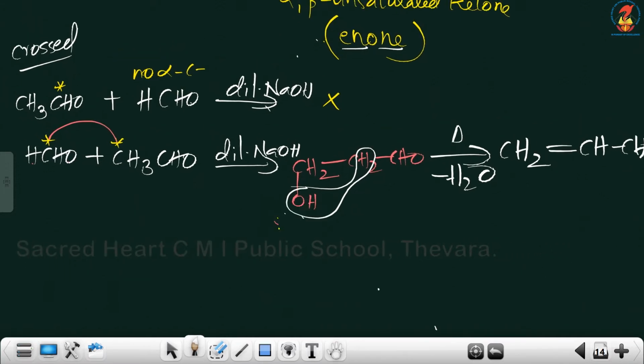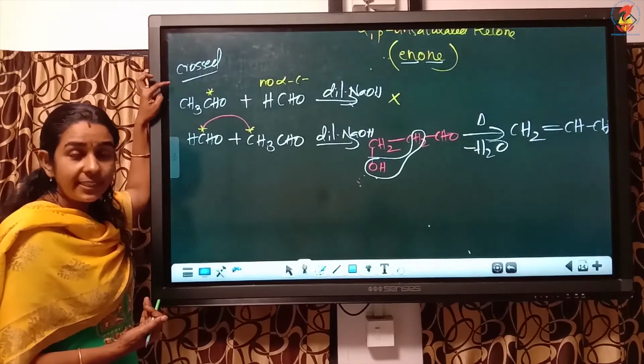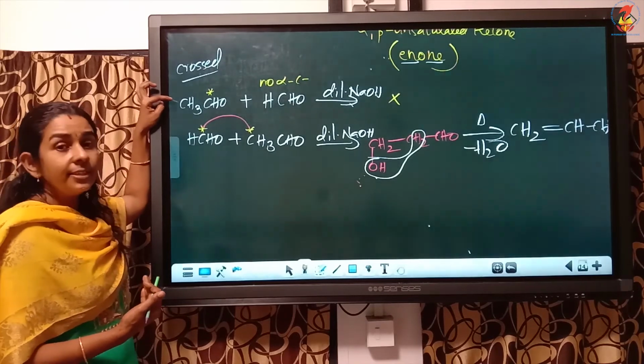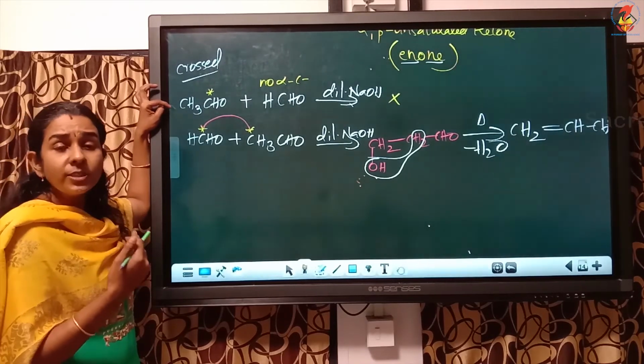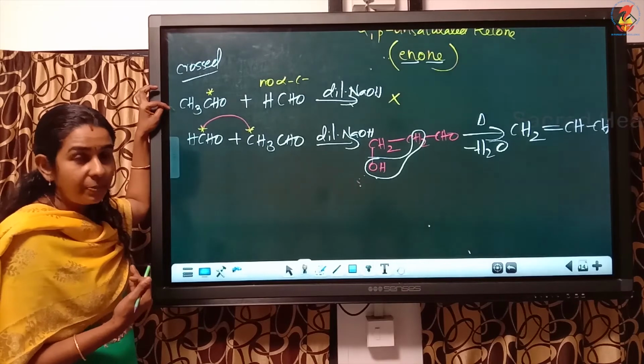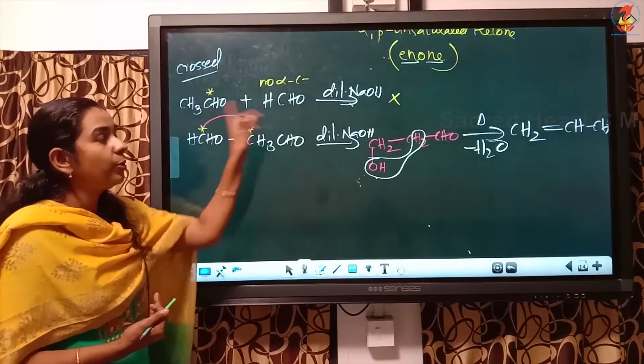Now the third possibility, now what we are actually studying is the aldol condensation reaction between CH3CHO and HCHO. Okay, so how you have to write the question is the crossed aldol condensation reaction between CH3CHO and HCHO.